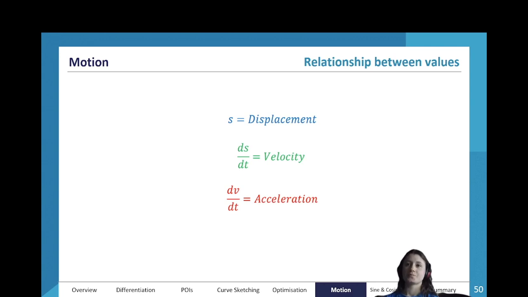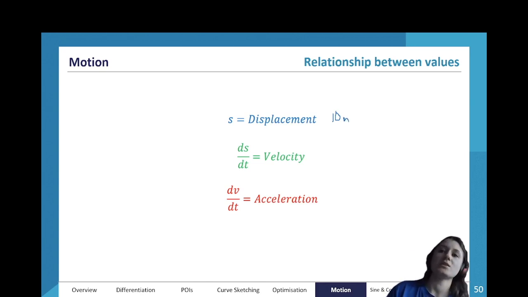You can think about the relationship between them like this, just to make sense of this in a more real world sense. If you think about your displacement when you are driving a car between point A and point B, your displacement might be 10 meters, all right?